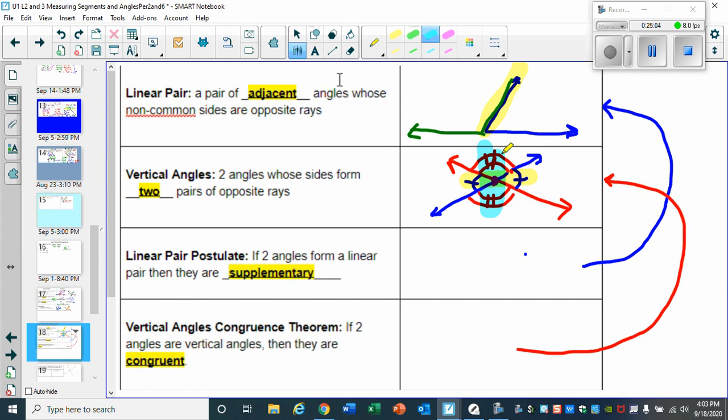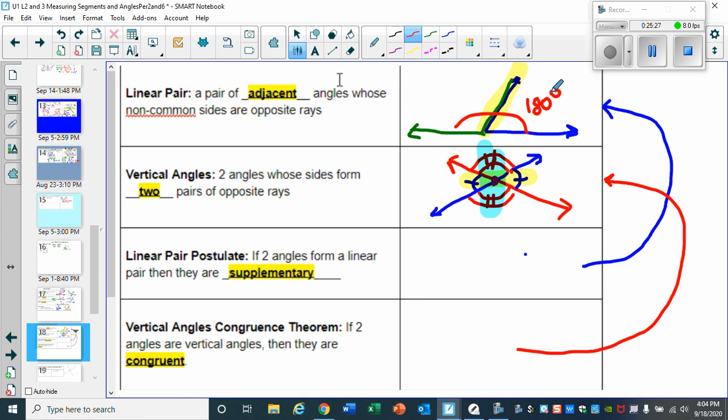Now, linear pair postulate: if two angles form a linear pair, they're supplementary. That's because this distance right here is 180 total degrees. So that's automatic supplementary.